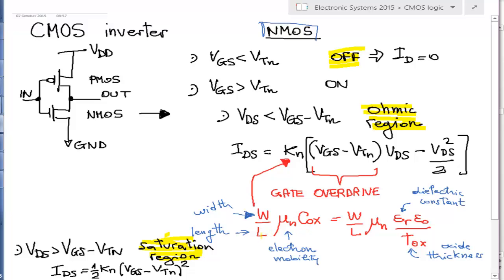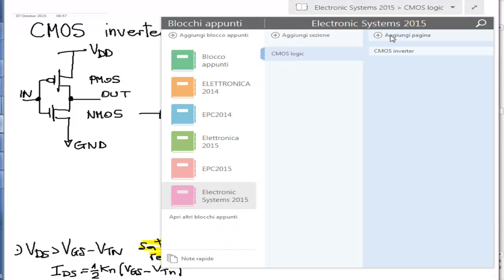The only difference is the term related to the mobility, because of course in the PMOS we will have mu p, which is the mobility of holes. So more or less these are the only two things that are different. They have an impact. Let's look into some detail.